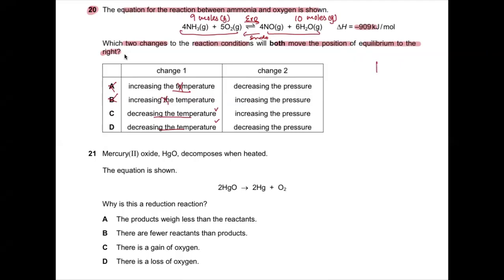If we increase the pressure, equilibrium shifts towards fewer moles of gases. And if we lower the pressure, equilibrium shifts towards more moles of gases, right? So increasing pressure shifts the equilibrium towards the left where there are 9 moles of gases which are fewer. So it makes C wrong.